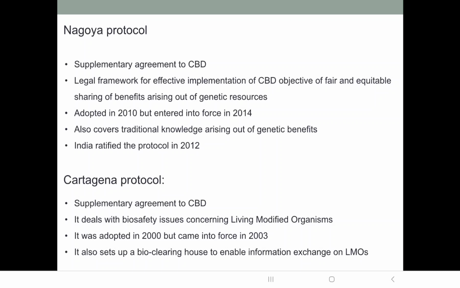So if these resources, that is plants, animals, and microbes, have to be used, then there has to be a fair and equitable, or equal, sharing of whatever benefits are derived from these resources.